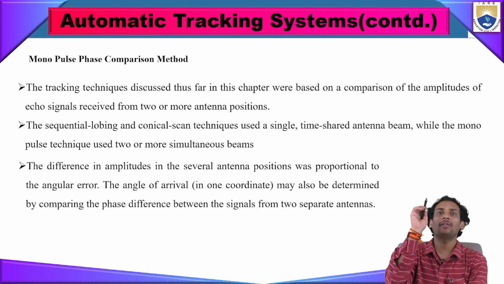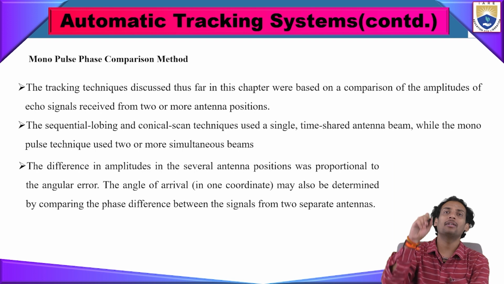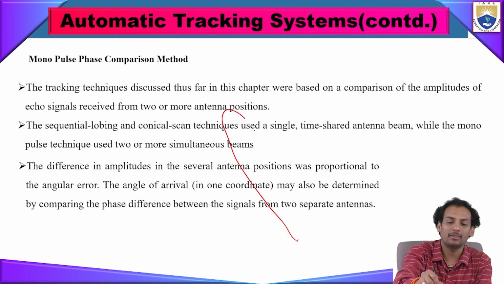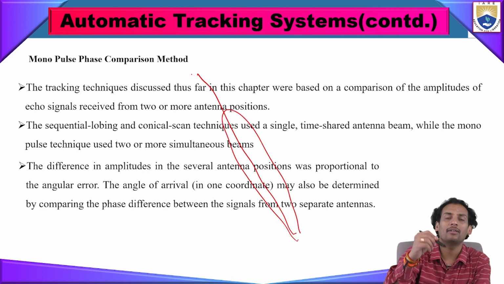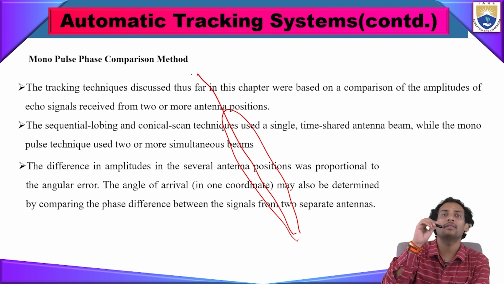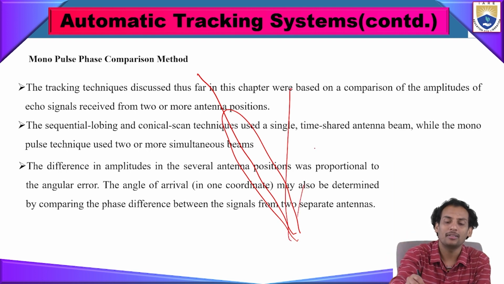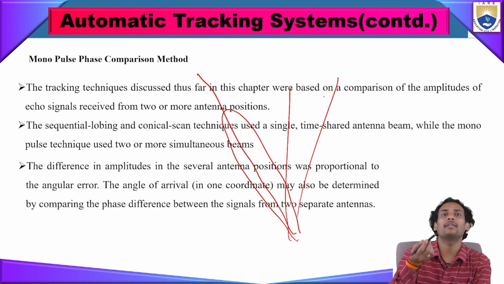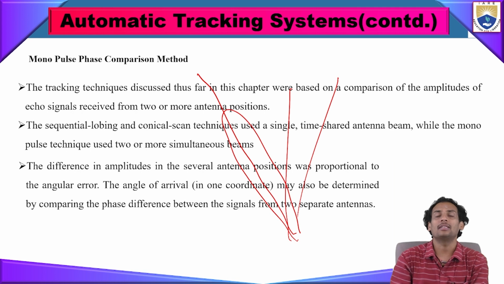Conical scan depends on a single beam rotation only, maybe with a single beam axis, but monopulse depends on two beams at a time. At a time two beams will be created, and it will detect based on the signal range only.